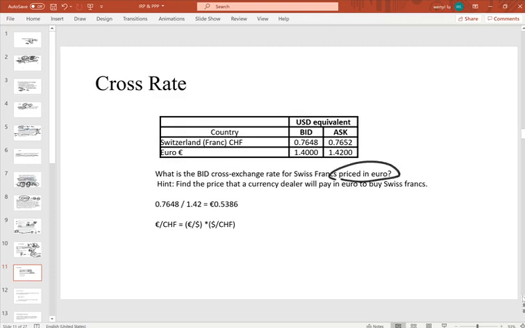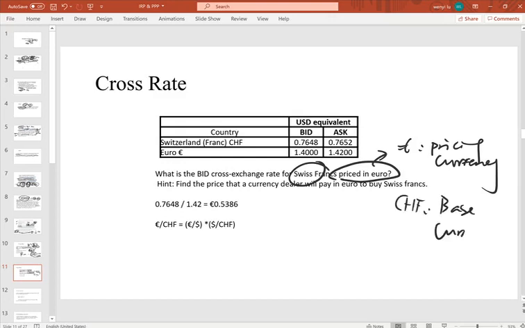Price in the euro means our euro is the pricing currency, and our Swiss franc is the base currency. So we must have CHF in the euro. That's our quote we want to solve.